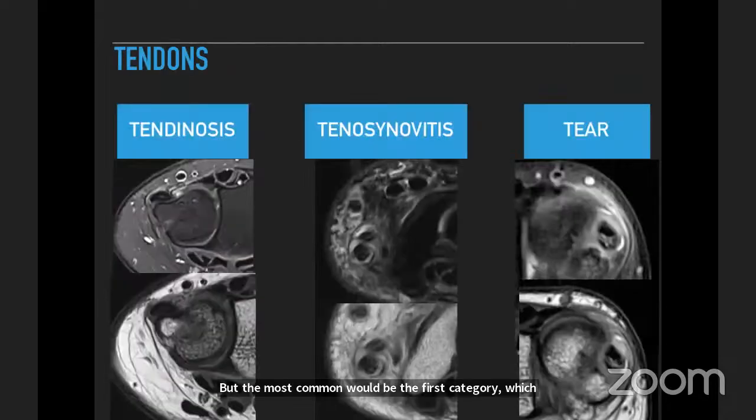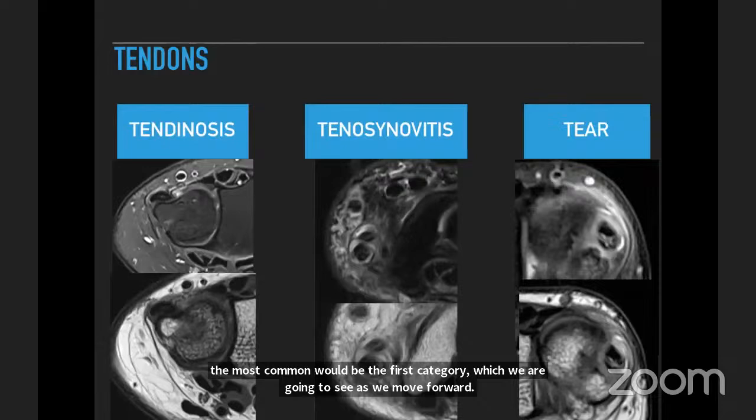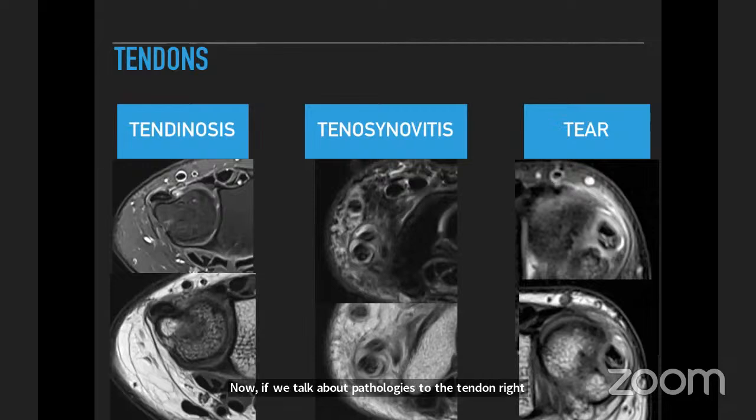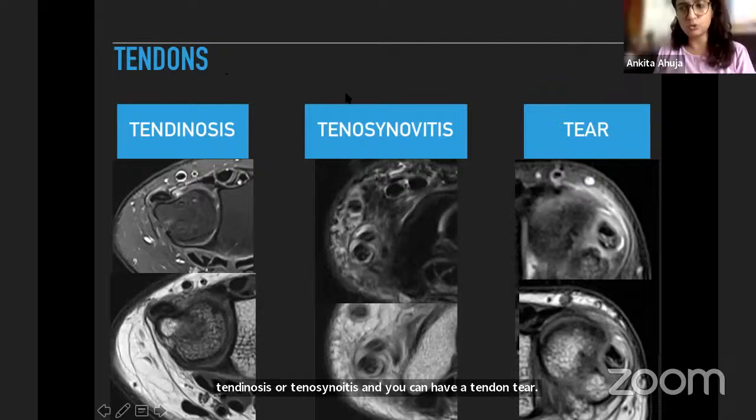This is not specific to the wrist; it applies wherever you see tendons. The spectrum usually starts with tendinosis or tenosynovitis, and you can have a tendon tear. This is the spectrum you see when talking about tendon pathologies.